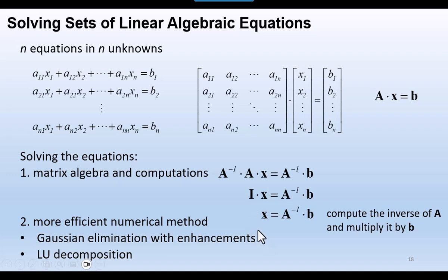So we can represent the solution X equals A inverse times B. And MATLAB will allow us to compute the inverse of a matrix and do matrix multiplication. So that's one way to find the solution.